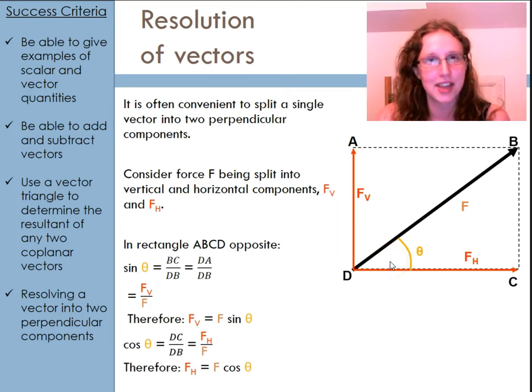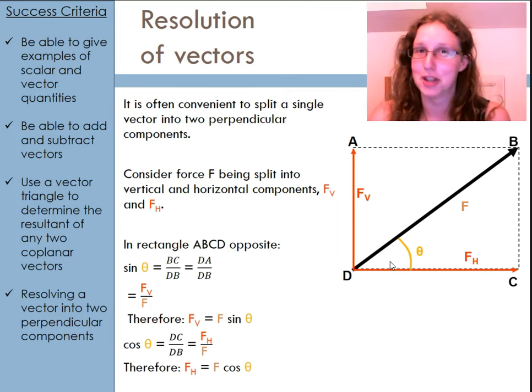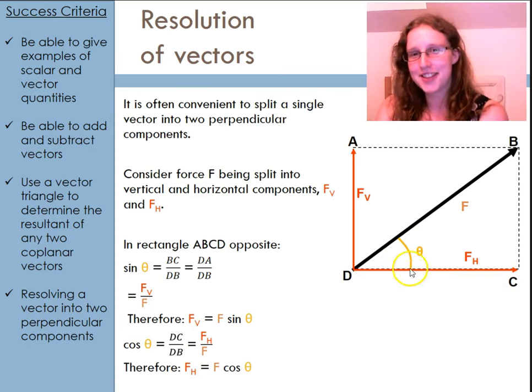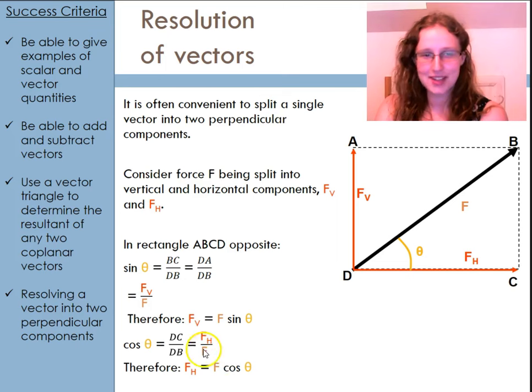Yes, I do have to say it to remember it. I'm sure you all have your own ones. It doesn't matter as long as you remember. So cos of theta is the adjacent over the hypotenuse. So that's what this is showing me here. So I can say that the horizontal component, if I just rearrange that, is going to be equal to the magnitude multiplied by cos of that angle.